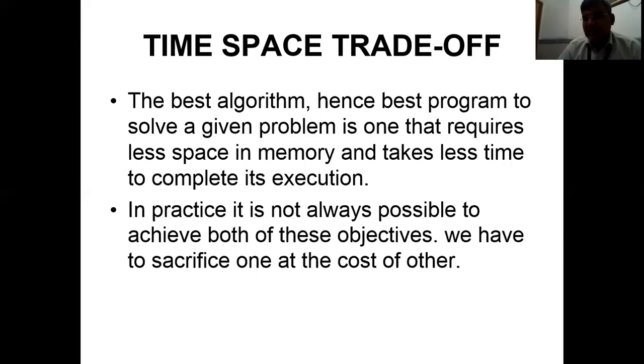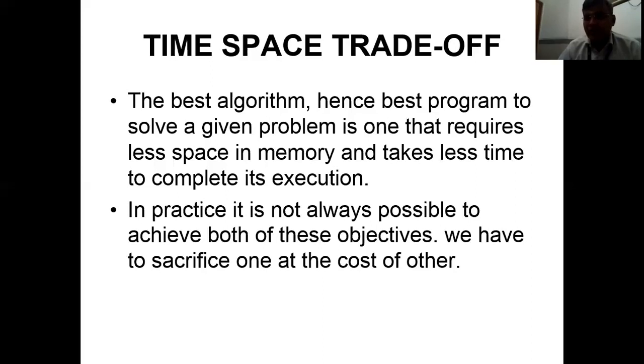So what is the ideal condition? That algorithm must produce the optimal solution, which requires less amount of time and less amount of space in memory. But in the actual or practical situation, that is not possible.